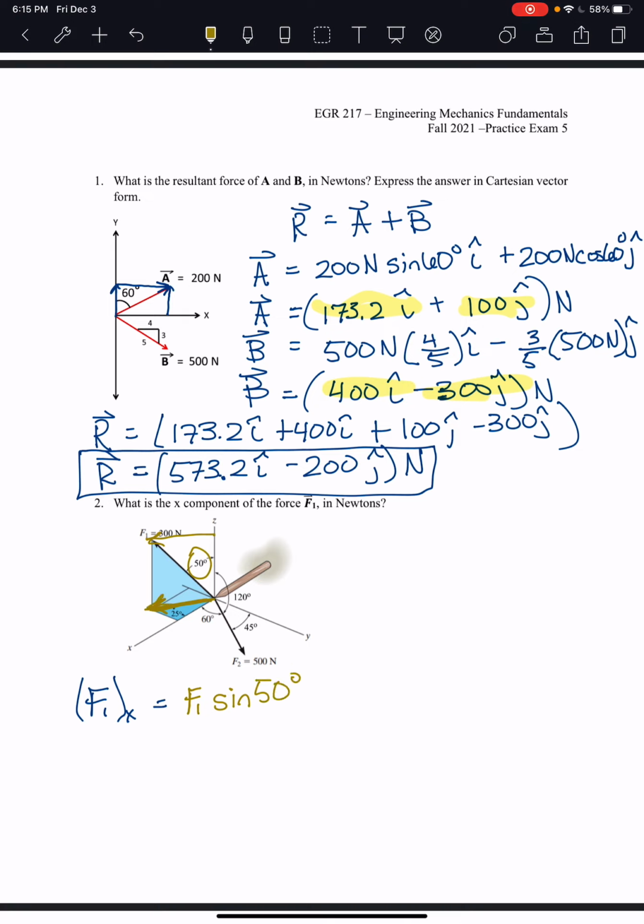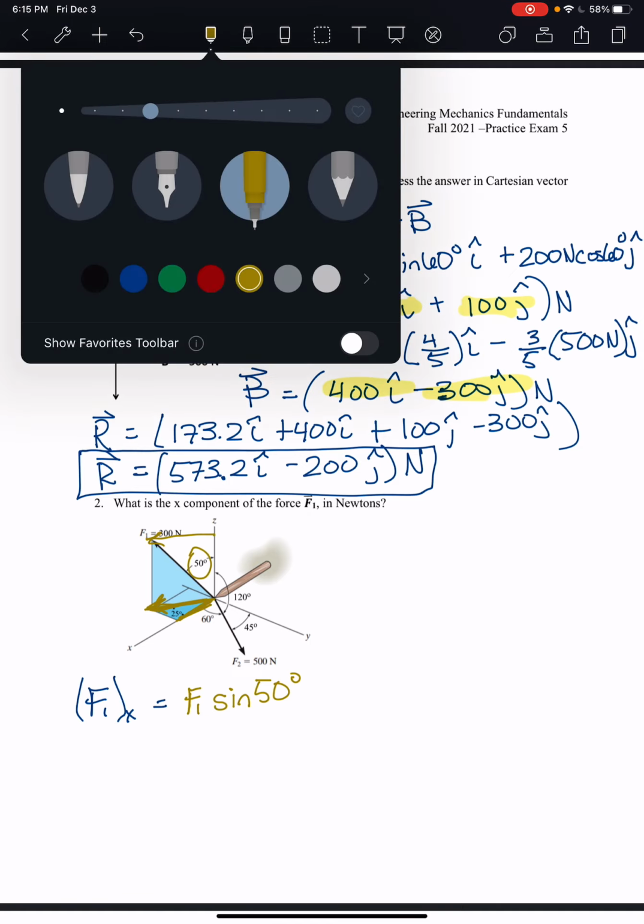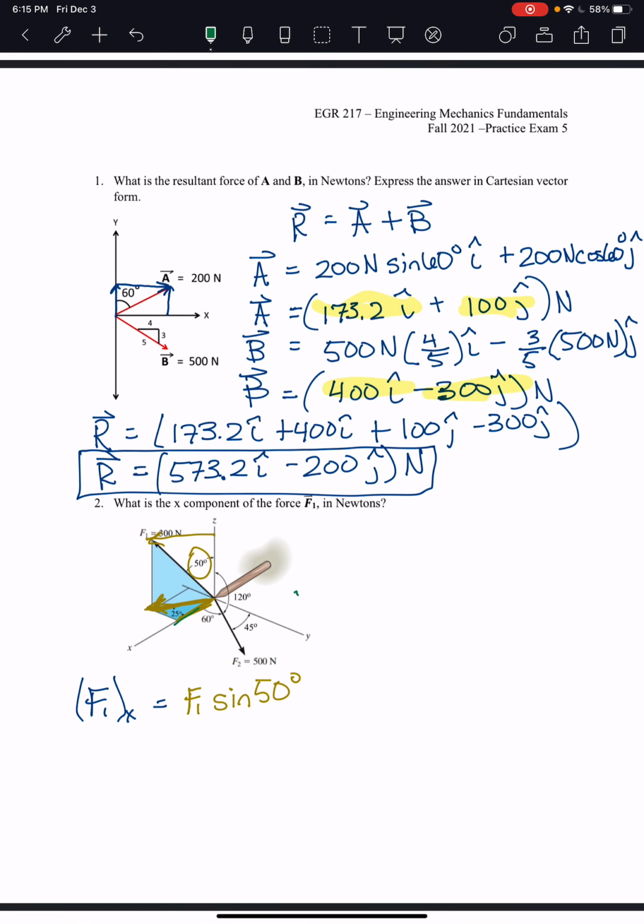And now we need to go over to the x coordinate. So we have that 25 degrees. So we're going to get over to right here. And that would be cosine of 25 degrees. It's cosine because that's adjacent to that angle. F1 equals 300 newtons.